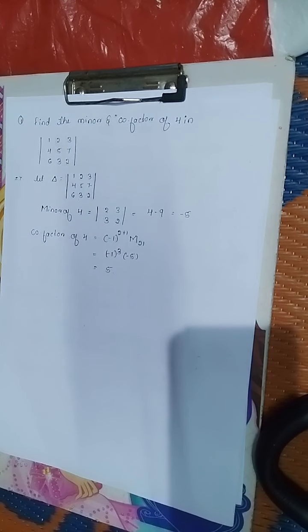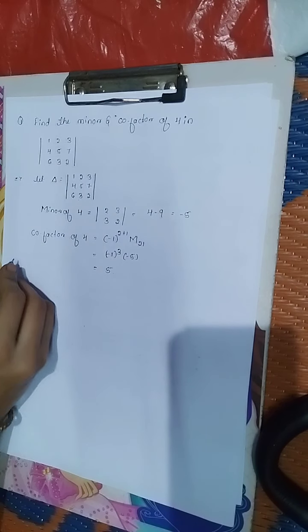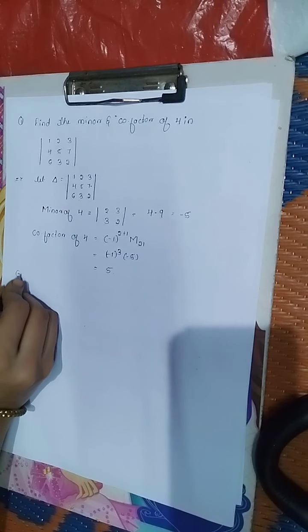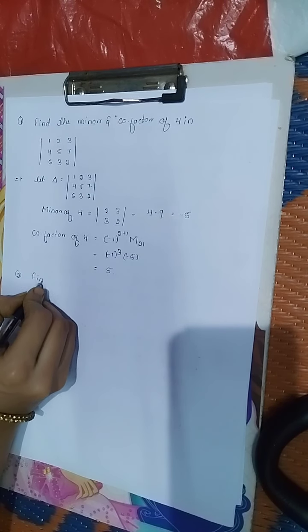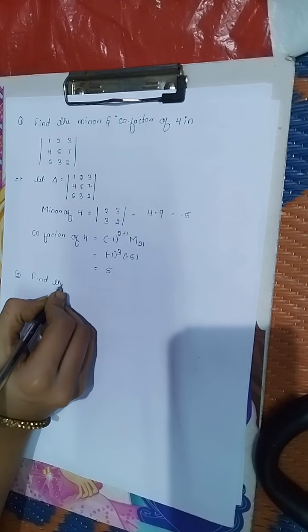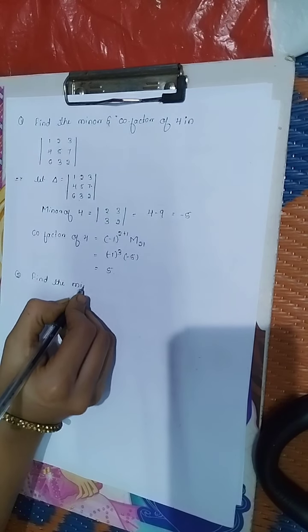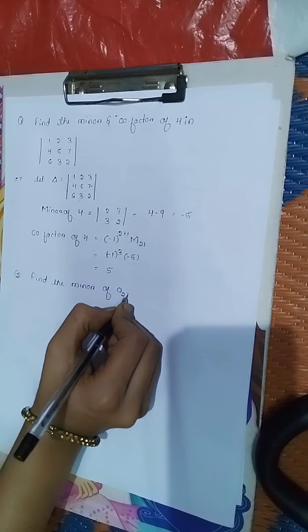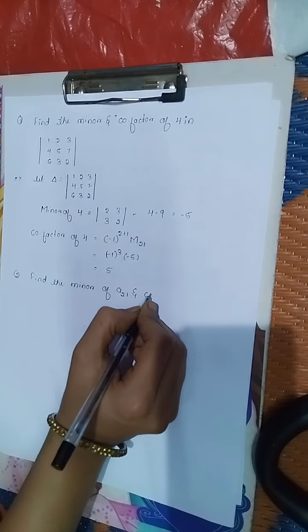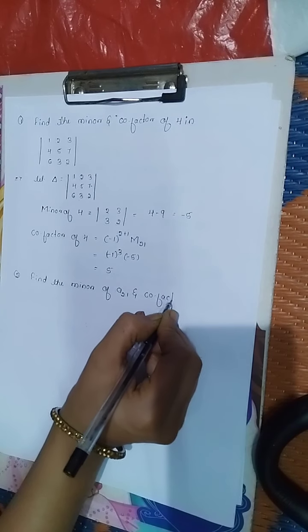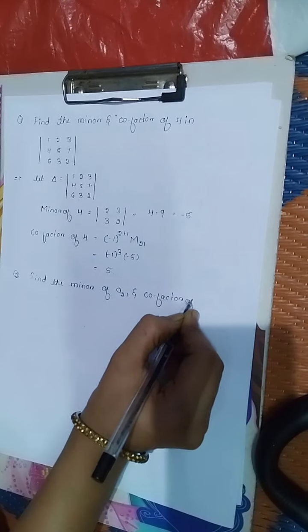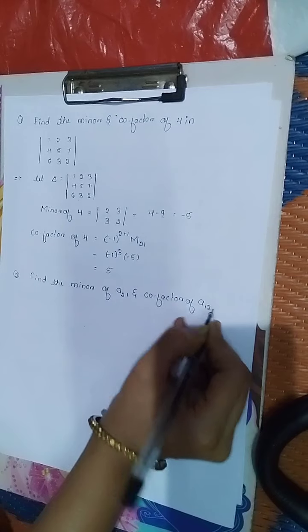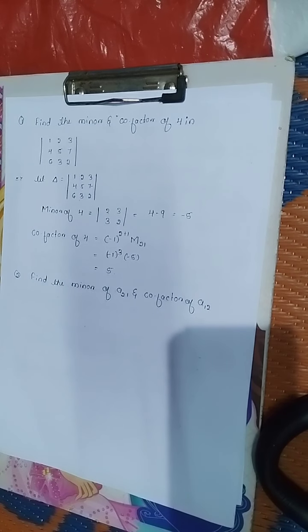The next example, find the minor of A21 and cofactor of A12. Here they ask the minor of A21.